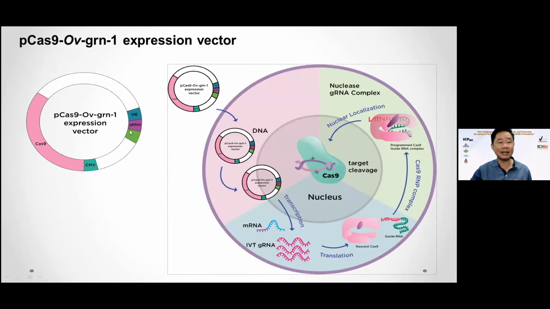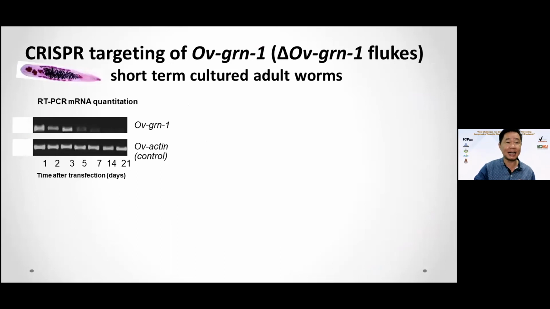After you construct this, you will have guide RNA combined with Cas9, and then you introduce it into the parasite. The DNA will go into the nucleus, be transcribed, and then cut the target site. This will happen after you introduce the CRISPR-Cas9 into the cell. We are using square wave electroporation, the same as we use for RNAi.